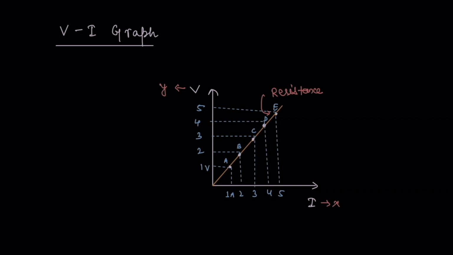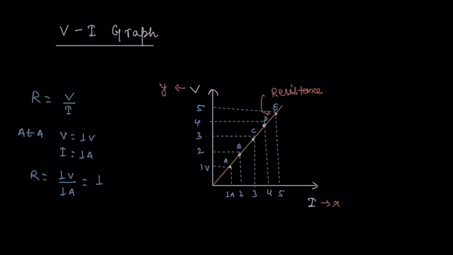To find the resistance, we can write R is equal to V by I. At A, V is equal to 1 volt and I is equal to 1 ampere. So R will come as 1 by 1.